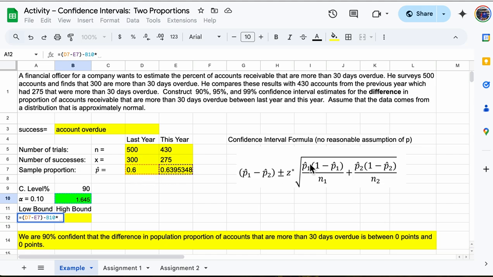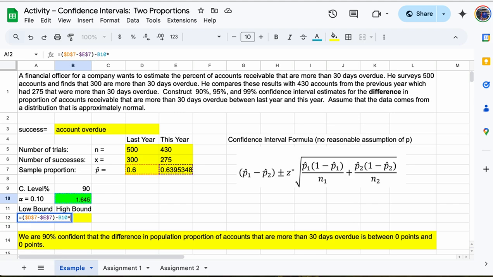D7 is for the P hat 1, E7 for the P hat 2, and N1 would be 500, 430 would be N2. So last year corresponds with a subscript of 1, this year with a subscript of 2. I'm going to throw some dollar signs around this just to make it more portable.